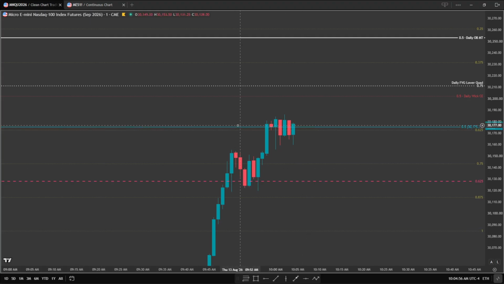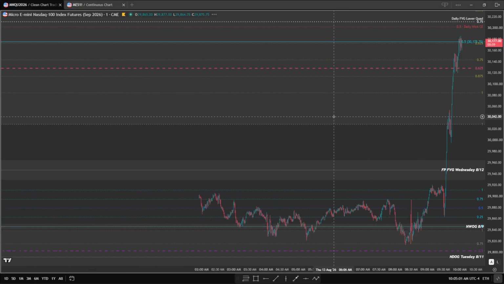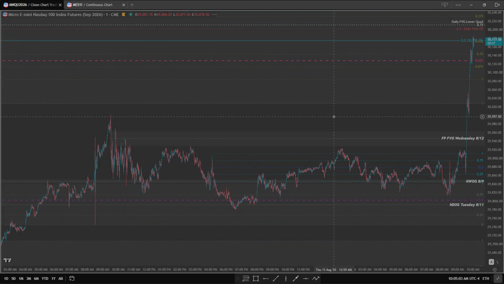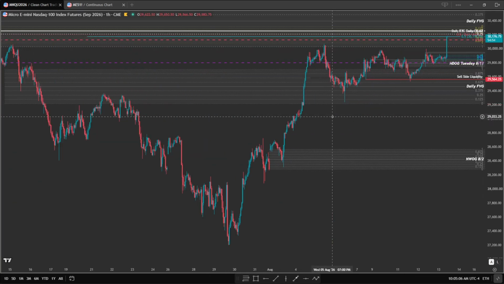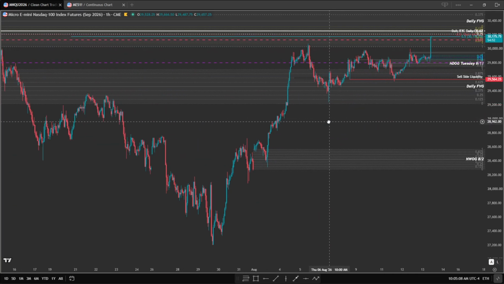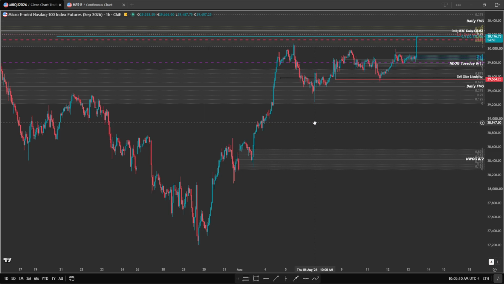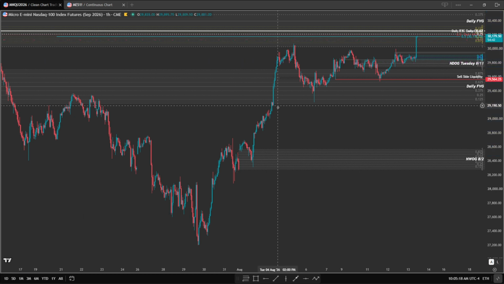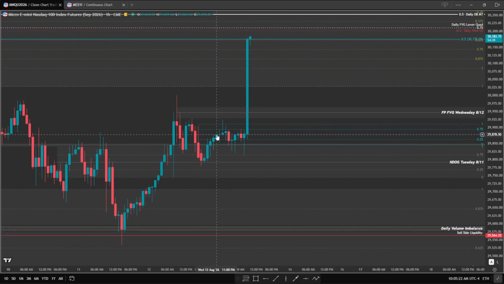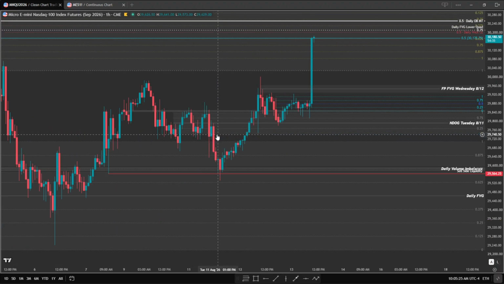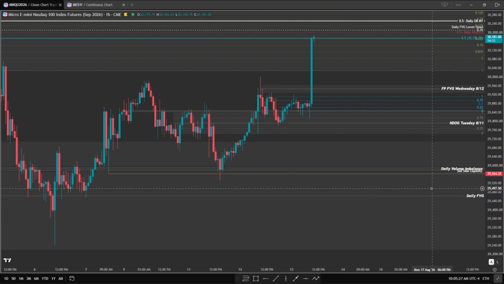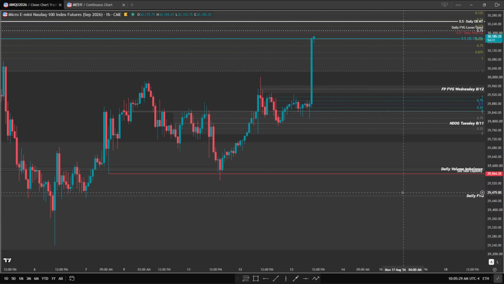This blue line here, go to the hourly chart. That's not what I wanted.